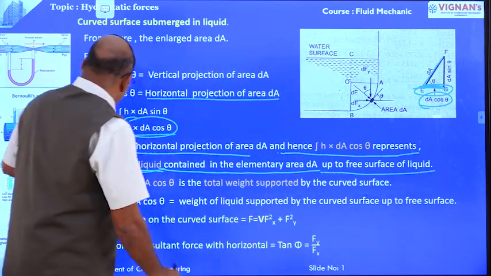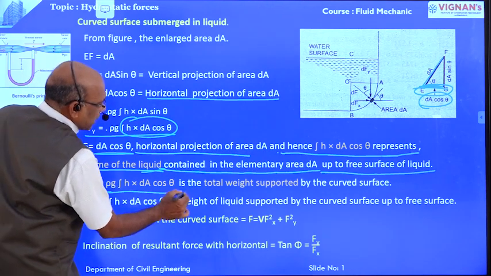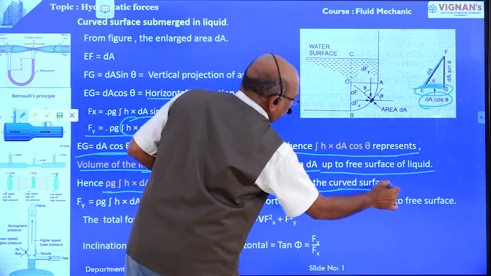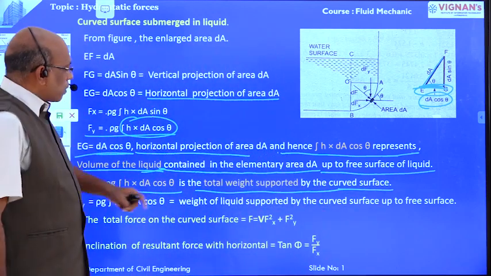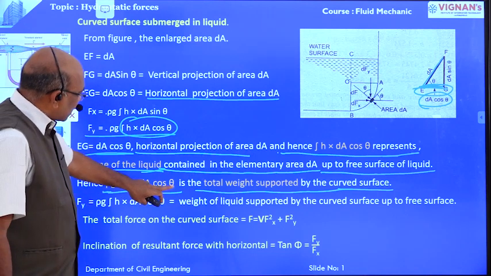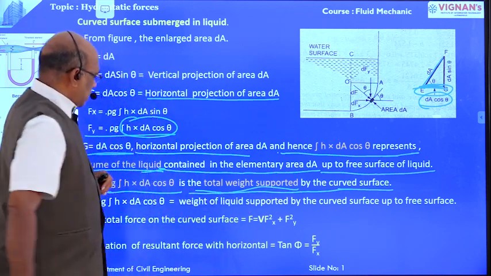Therefore, hence rho g integral h dA cos theta is the total weight supported by the curved surface. Right?